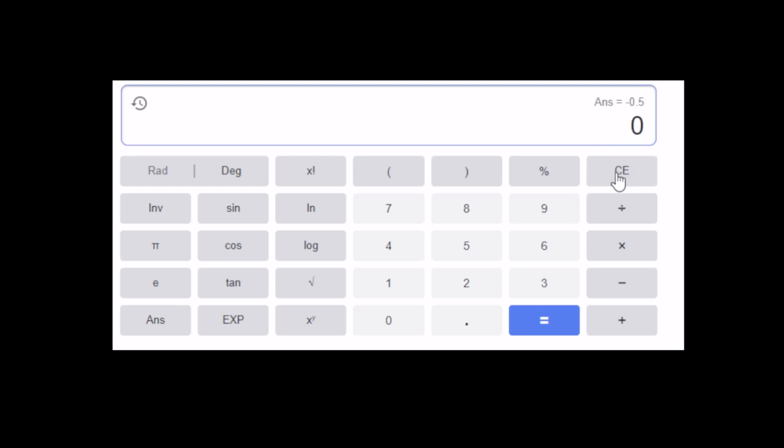But now we'll put in the sine of 30 degrees. And this should give us the negative of the answer for the previous two. So this gives us the value of 0.5. And if we put in the sine of 150 degrees, it gives us the value again of 0.5.